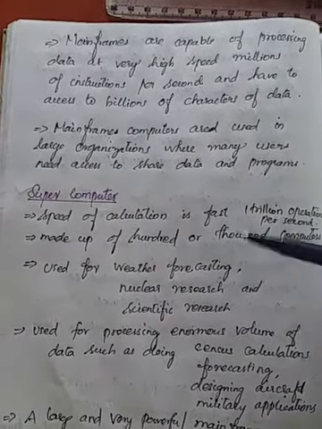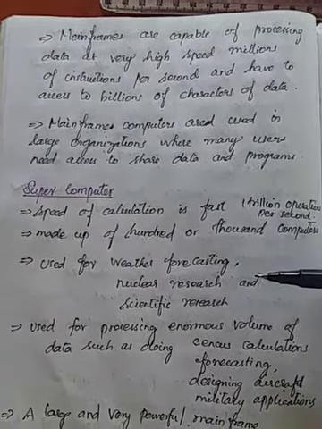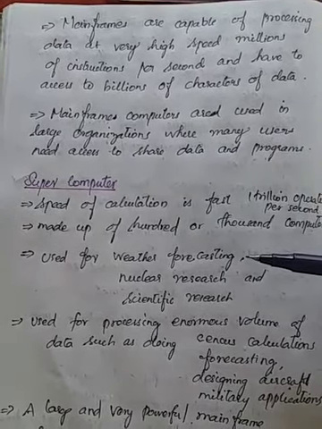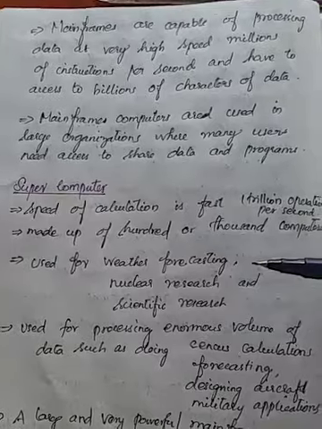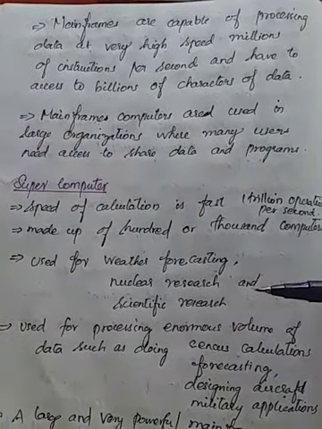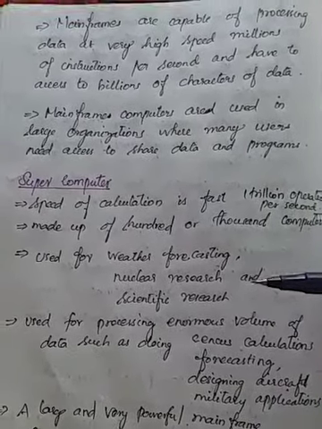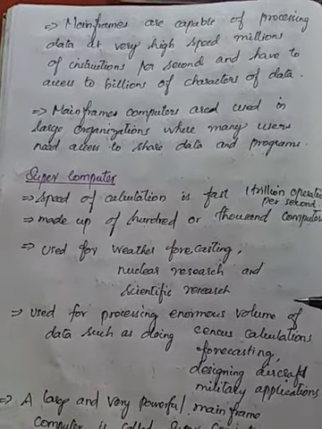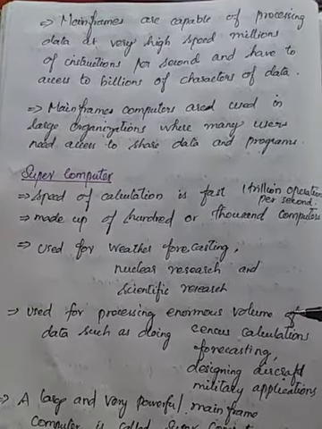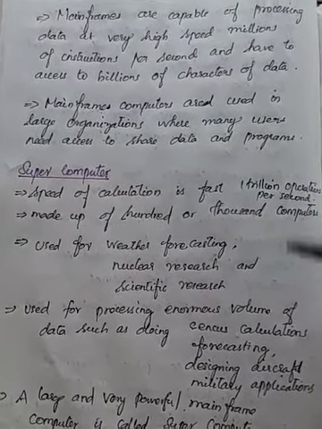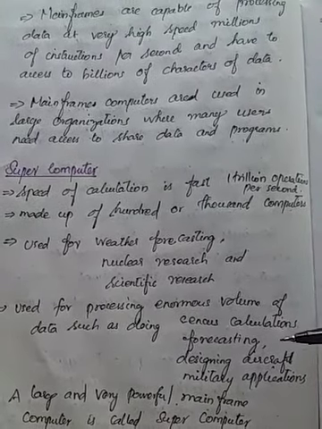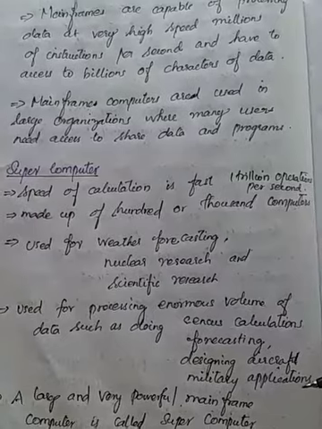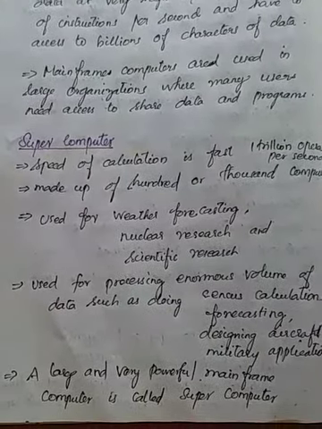thousands of computers are used together, and for special complex operations we can make use of supercomputers for weather forecasting, nuclear research, and scientific research. In case we use an enormous amount of data, that processing can be done using supercomputers. Examples are sensor calculation, designing aircraft, and military applications.